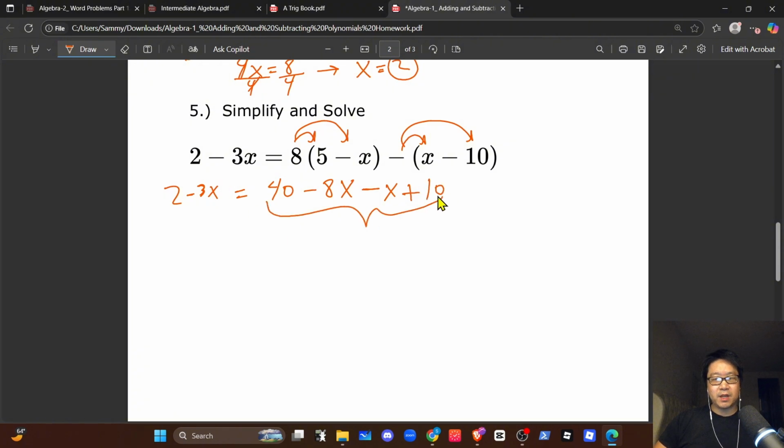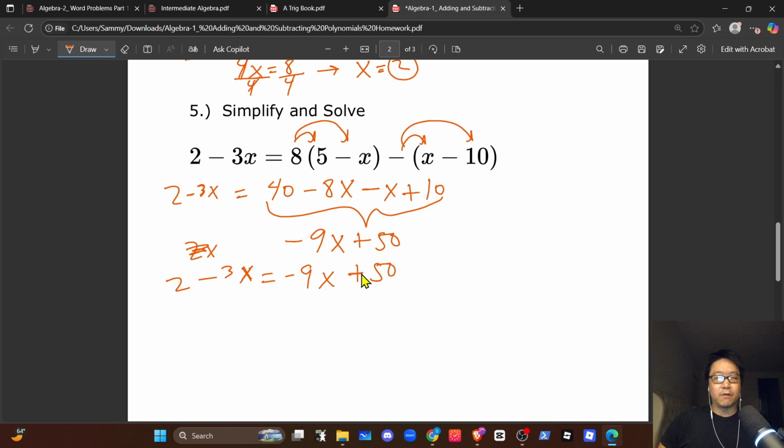For the right side, we can combine like terms. So we get negative 8x and negative x is going to give us negative 9x. And then 40 plus 10 is going to be 50. And on the left side, we have 2 minus 3x equals negative 9x plus 50.